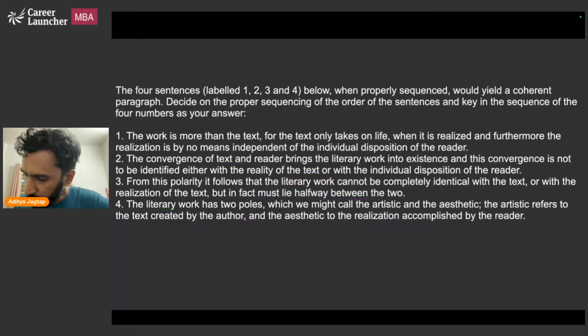So, literary work has two poles. This polarity we are discussing, the artistic pole and the aesthetic pole. Here, convergence of text and reader, we notice some overlap as well. Sentence 1 says the work is more than the text. The text only takes on life, so text only comes alive when it's realized, and furthermore, the realization is by no means independent. All right.